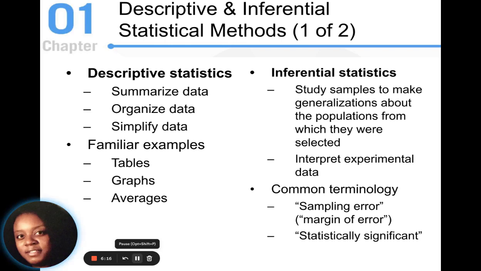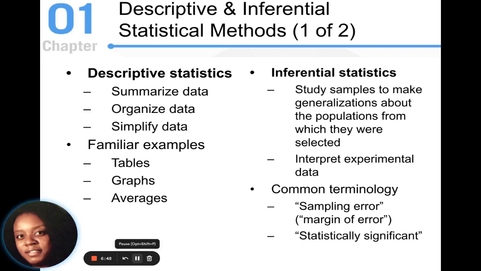So, typical types of descriptive statistics are going to be things like tables and graphs and averages that describe the statistics, whereas inferential statistics are going to be those study samples that make generalizations about the population from where they were selected. So when we have inferential statistics, we are able to interpret that experimental data.